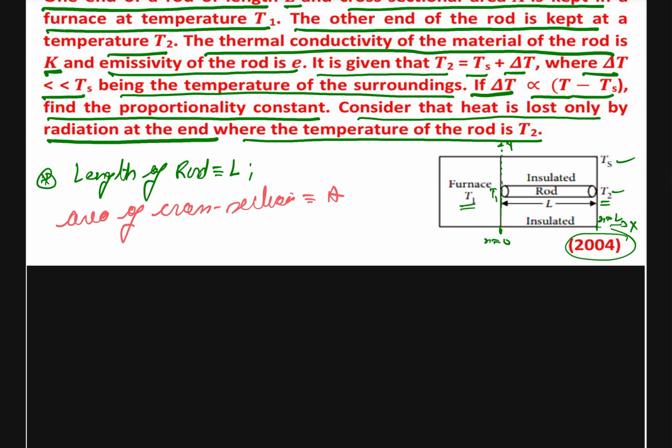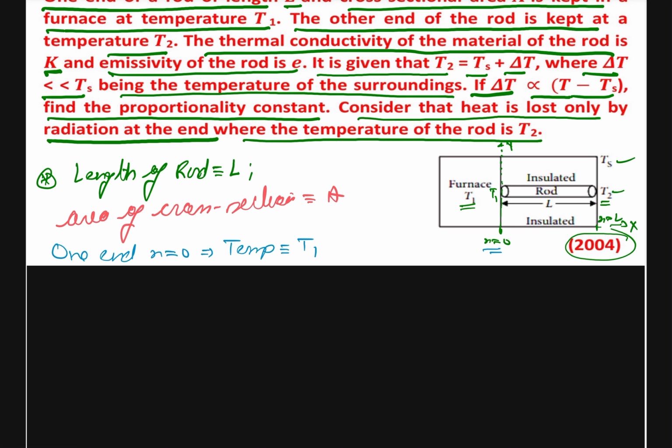and one end we have assumed is at x equal to 0. So we can say one end is x equal to 0 and this end is at a temperature of T1, which is nothing but the temperature of the furnace. And we have our other end.